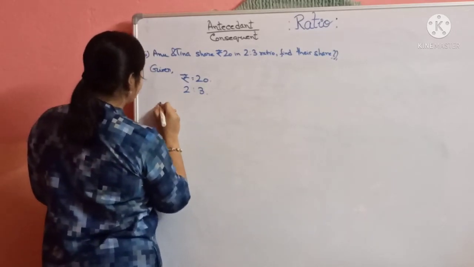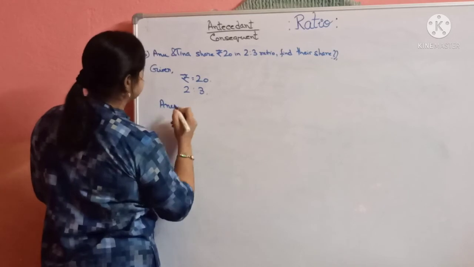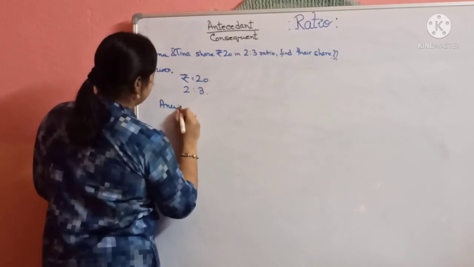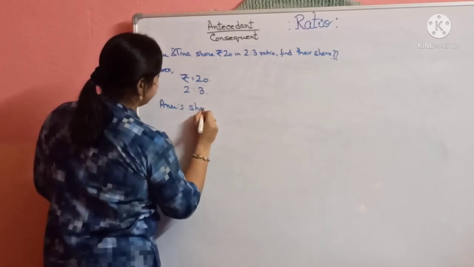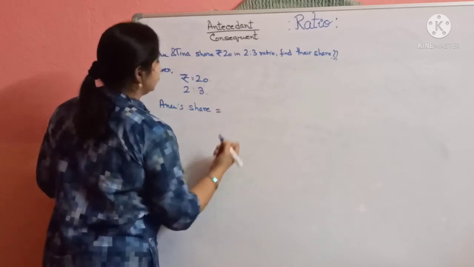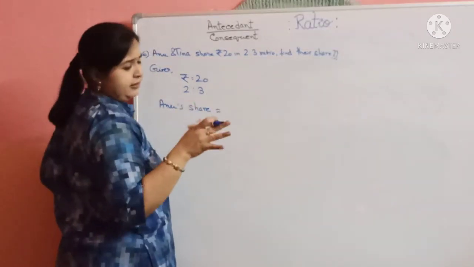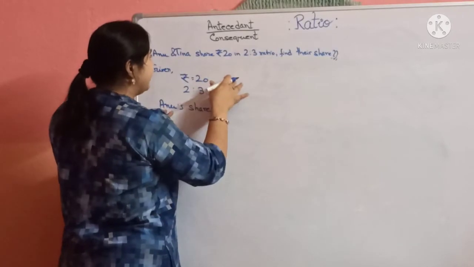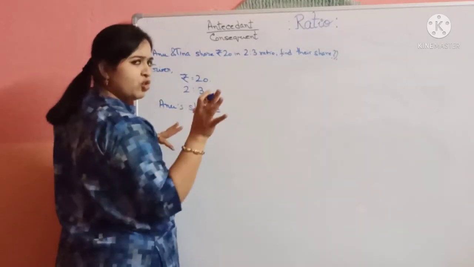Now write Anu share equals to. Don't write prolonged lines for doing ratios, just shorten it.